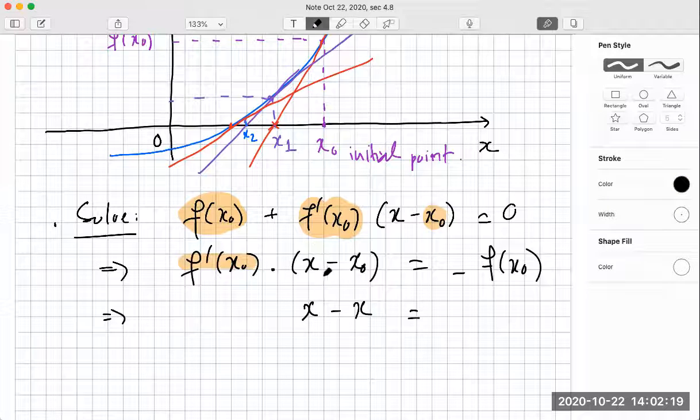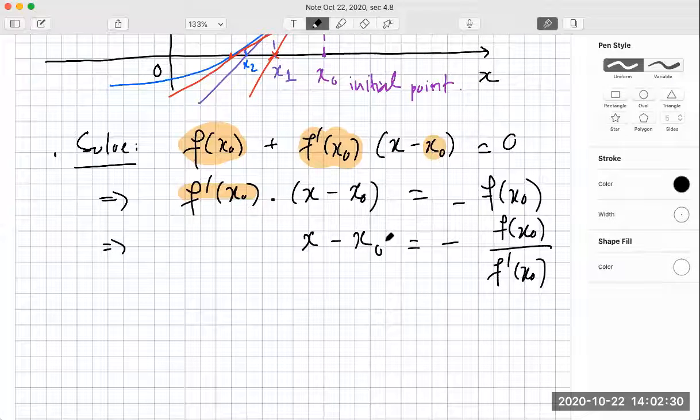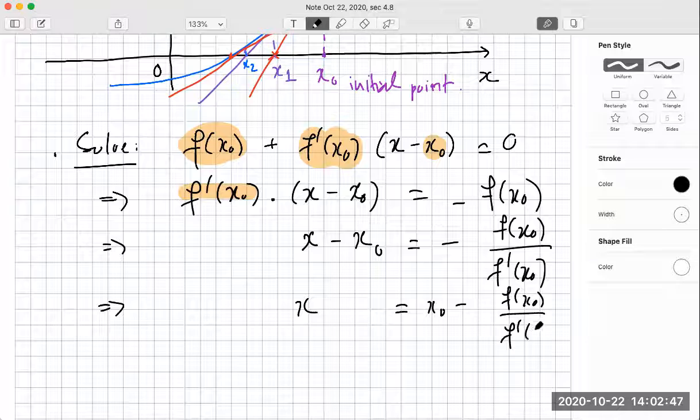Just divide by it, right? So, oh, here this is 0. x0 is a number, so let us eliminate that one as well. Therefore, we have x is equal to x0 minus f of x0 divided by f prime of x0 here, right?